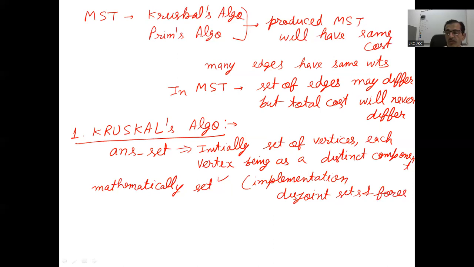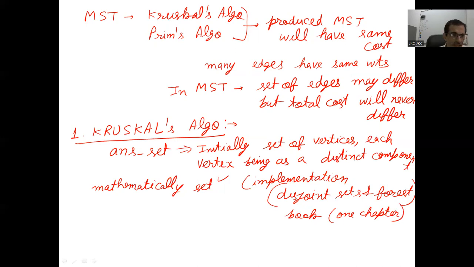All those you are going to study next semester in the advanced data structure course also. But it is given in detail in the book also. One chapter is already there. Those who are willing can start studying in advance.